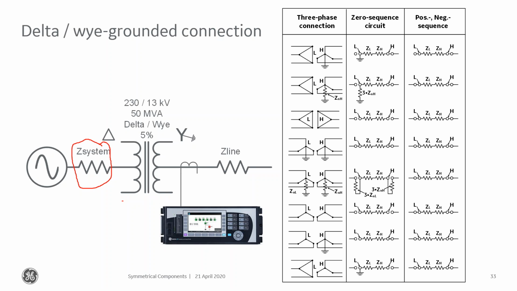For the transformer itself, the negative sequence and positive sequence impedances are almost identical. The same is true of the line. The places where negative sequence and positive sequence impedances become different are in things like motors. Negative sequence impedance of a motor is very different from the positive sequence impedance of a motor. That's a topic for another time. But for the power system itself, the lines and conductors, the positive sequence and negative sequence impedance will be very similar. Zero sequence can be a little bit different because of the things that I'm going to talk about in the next slide.